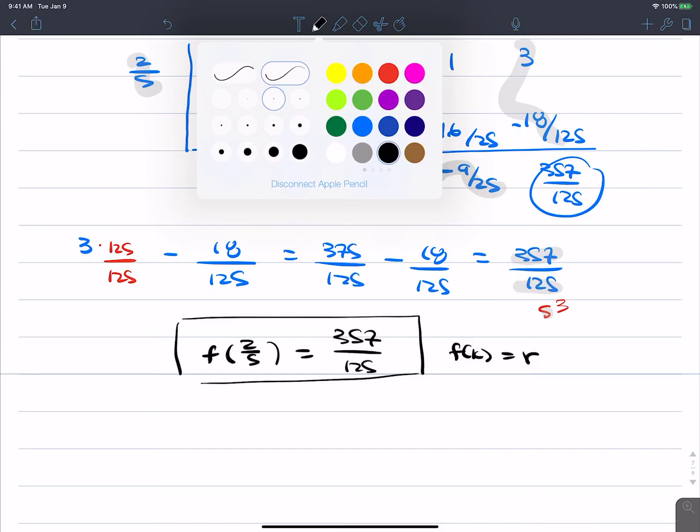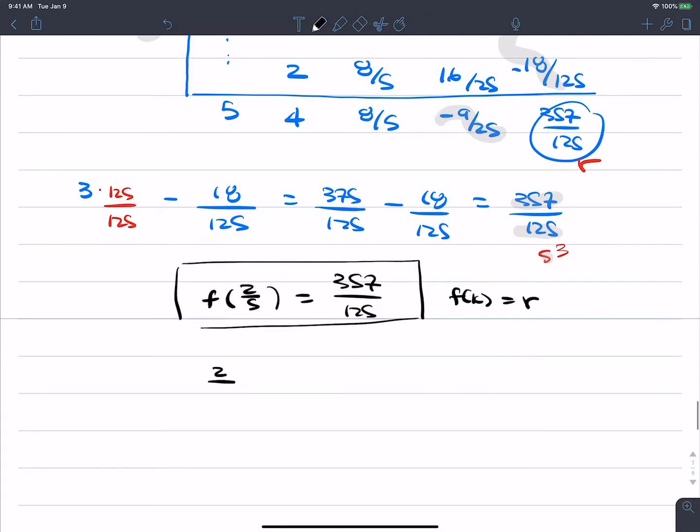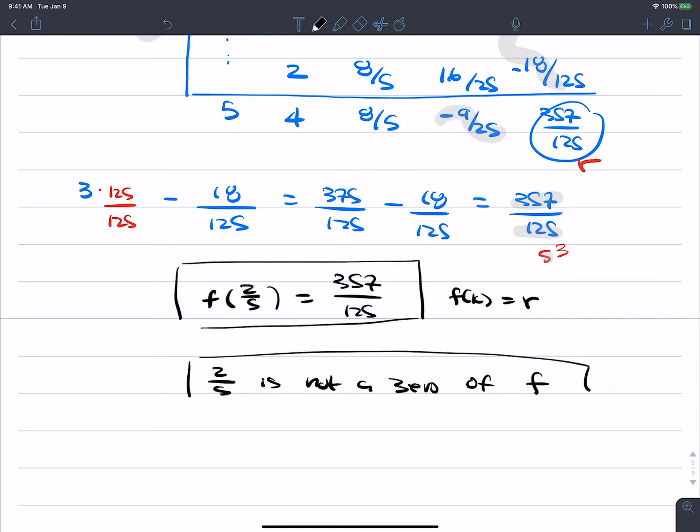This is our remainder that we've been finding here. And because the remainder is not 0, we can also conclude that 2/5 is not a 0 of our function. And that's what they want to know. So this is the answer to 23.